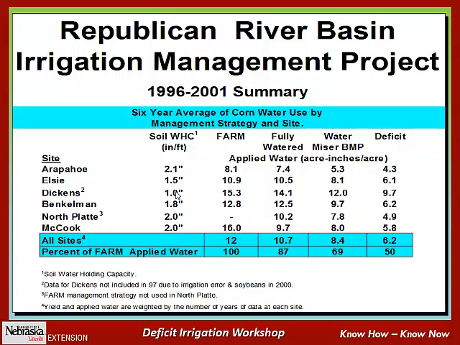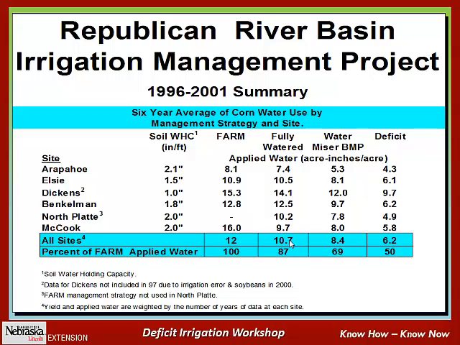So when you look at what the farmers put on over this period of time, at all the sites, they averaged 12 inches of water application over all those locations. And that's just the farmer doing his own thing. Now then, when we went to irrigation scheduling, putting in moisture monitoring and watching ET, they were able to save about 1.5 inches of water.